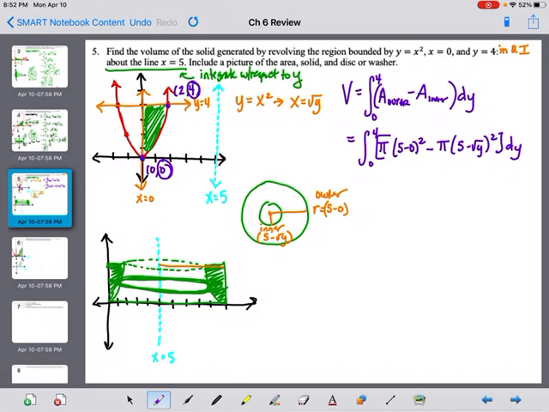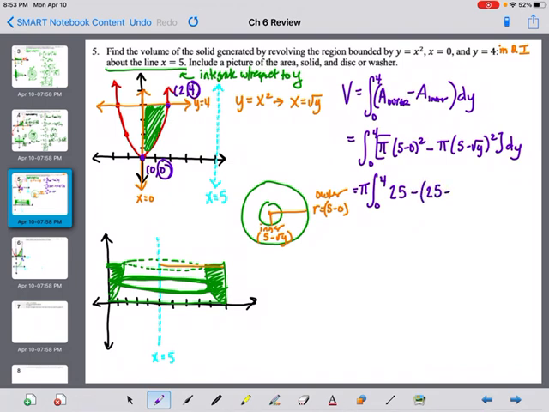All right, so I'm going to factor out my pi and pull that out in front of the integral first. 5 minus 0 is just 5, and 5 squared is 25. And then I'm going to FOIL the 5 minus the square root of y squared. So that's 5 minus the square root of y times 5 minus the square root of y.